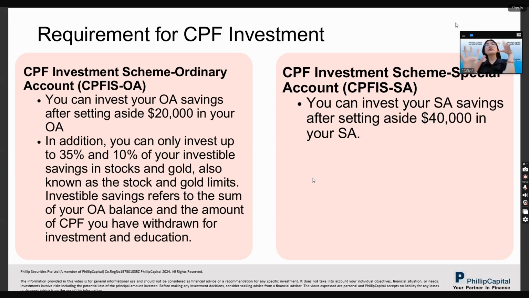Because if you want to start exploring unit trust, the first thing you need is an agent bank, so you open an account with an agent bank. Before you close that account, you sell off your unit trust holdings first, then after that you close it, if you do not want to invest your CPF monies anymore. My suggested way is to sell off those holdings first, then it will be easier.